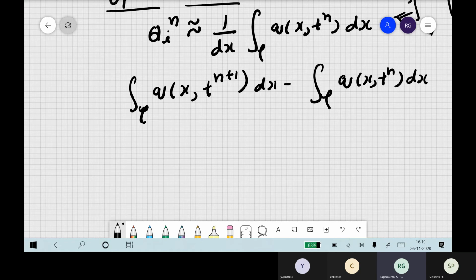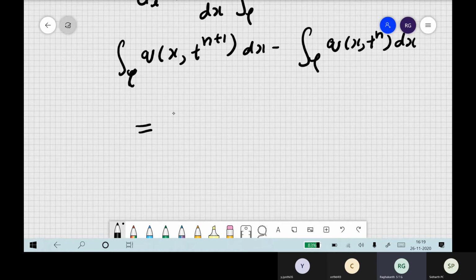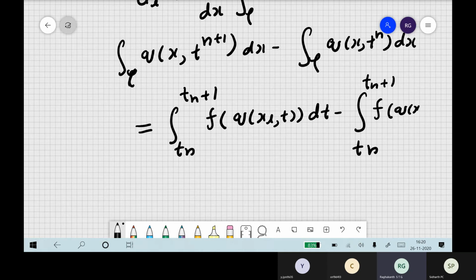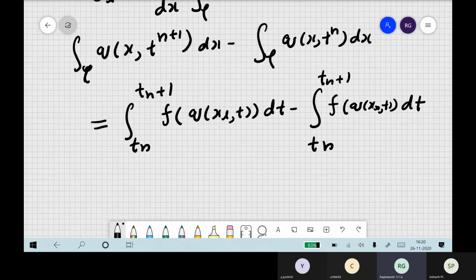This is the change of the volume, of course equal to your flux. You can also write this as the integral over t of f(q(x_L,t)) dt minus the integral over t_n to t_{n+1} of f(q(x_R,t)) dt. These are my functions here.